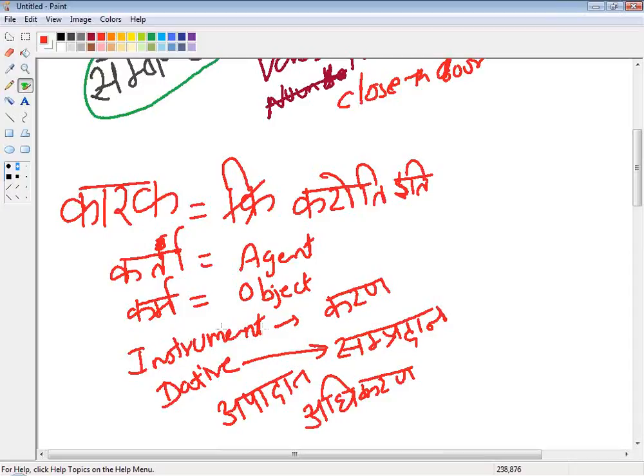Okay? Then Adhikarana. Adhikarana is called, in English, the locative. Okay? So what is the locative? Location. Location in time, location in space, and what else? Suppose I'm talking about something to you. In our subject matter, that's also a kind of location, right?